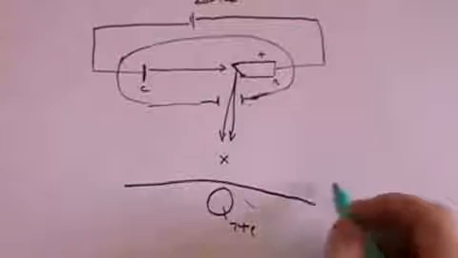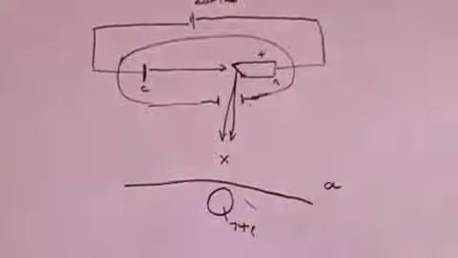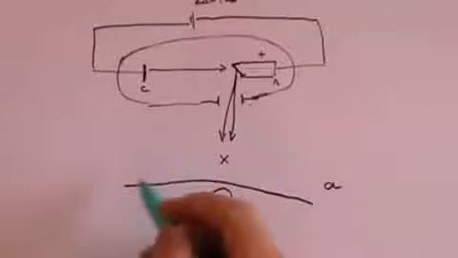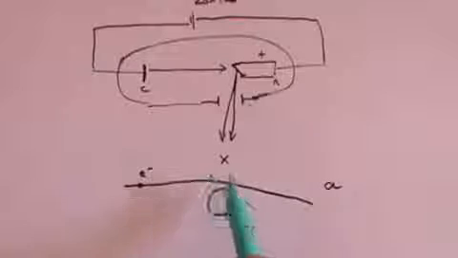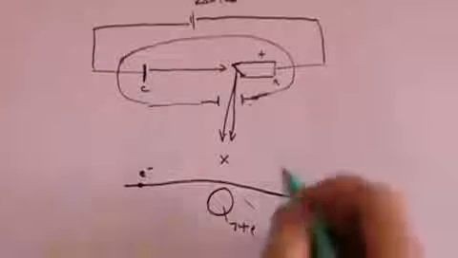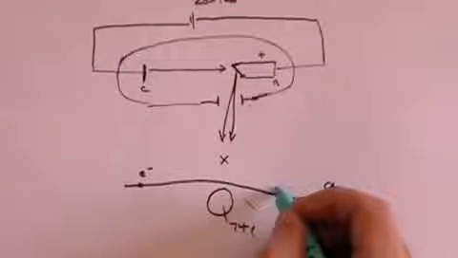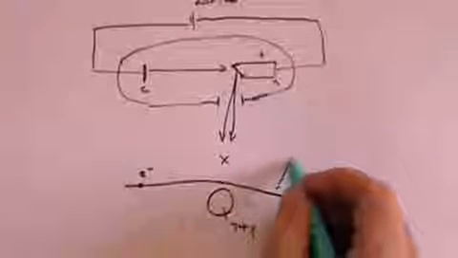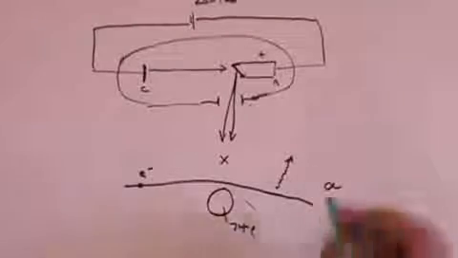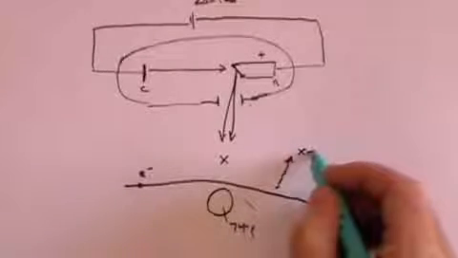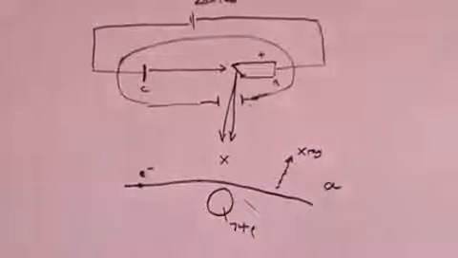And a change of direction is acceleration. And when a charged particle, in this case an electron, is accelerated by changing direction, all charged particles accelerating emit electromagnetic radiation. And in this case, the electromagnetic radiation is emitted as X-rays.